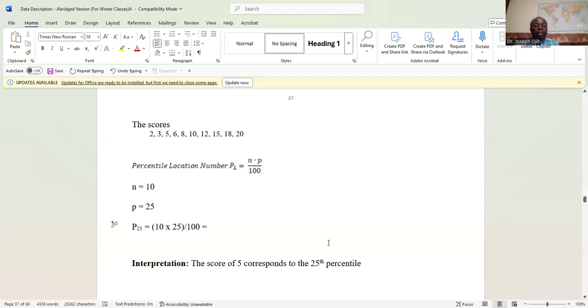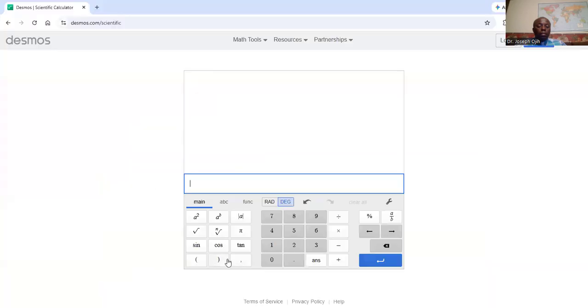I can get it from the calculator. Now put parenthesis, 10 times 25 over 100.